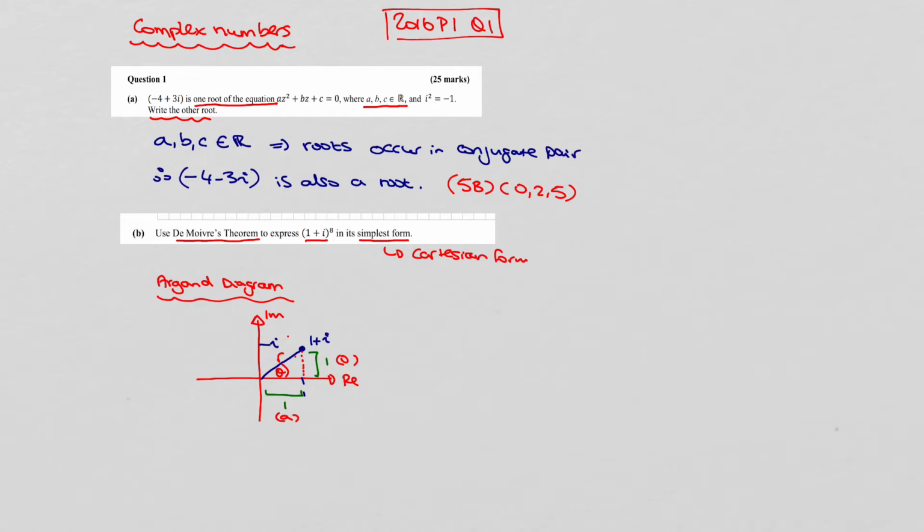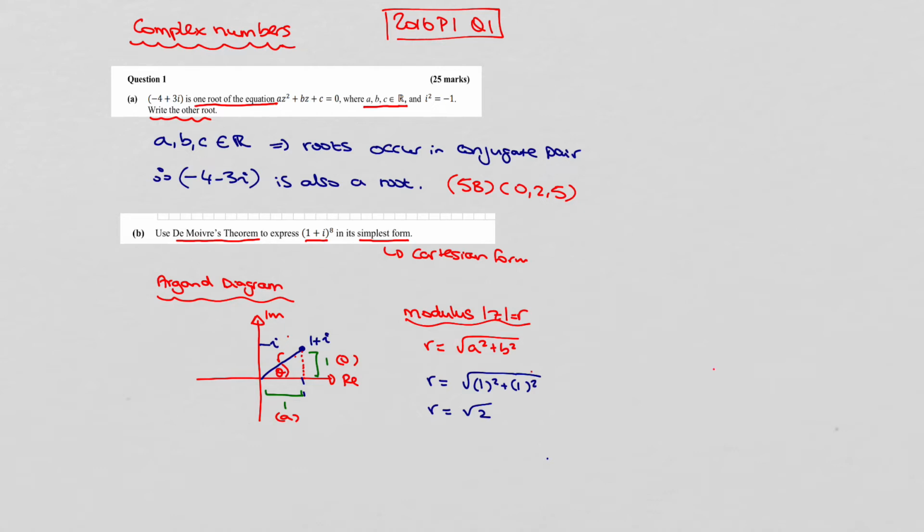So using Pythagoras, we're going to find the modulus, which is also equal to r. So r can be found by getting the square root of a squared plus b squared. So we have the square root of 1 squared plus 1 squared, which is the square root of 1 plus 1, which is root 2.